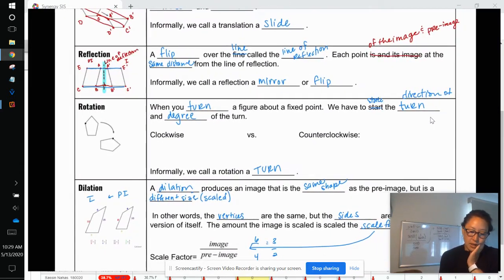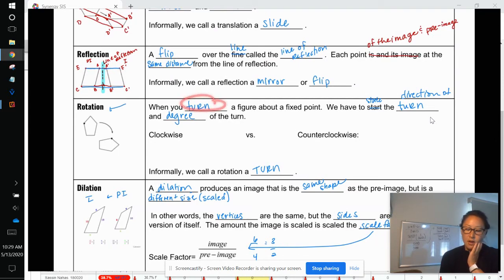is when we turn the figure about a fixed point. We usually say about the point 0, 0, or about the origin, or you can list any ordered pair. Here it looks like we are turning about the fixed point right there. This point is going to turn 90 degrees clockwise to become A prime.